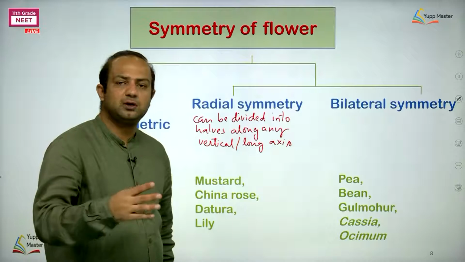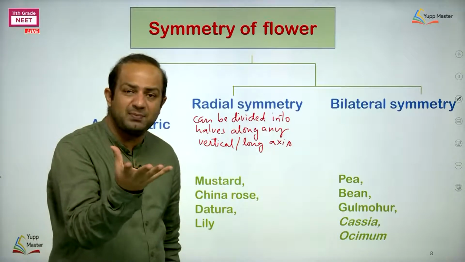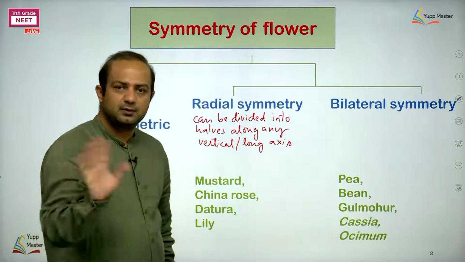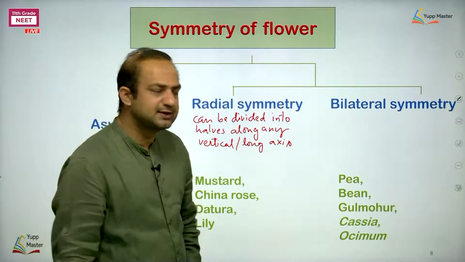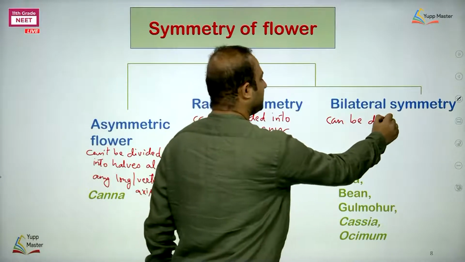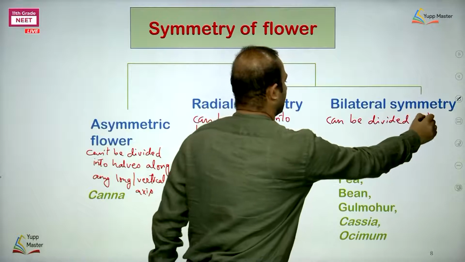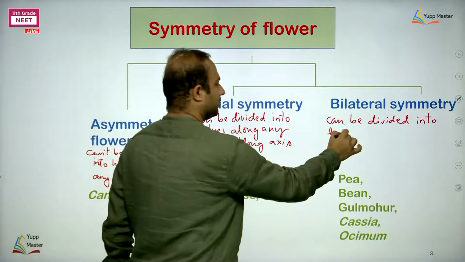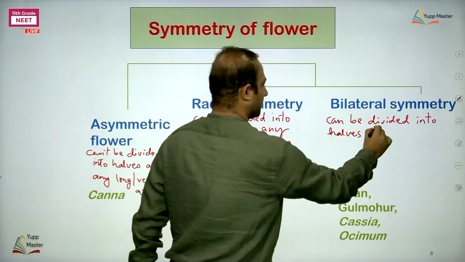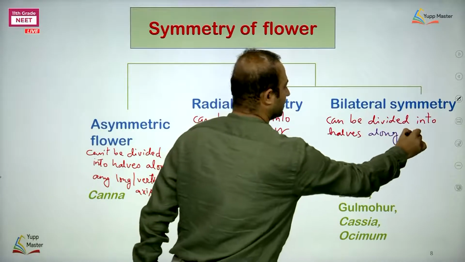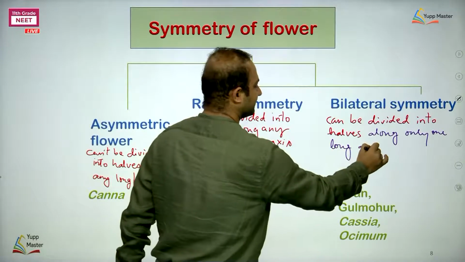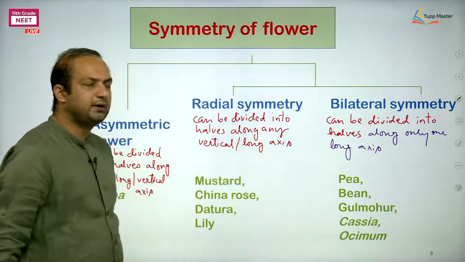Members may be 4, members may be 5. That doesn't matter. The thing is about the axis. It can be divided into halves along only one long axis. That is bilateral symmetry.